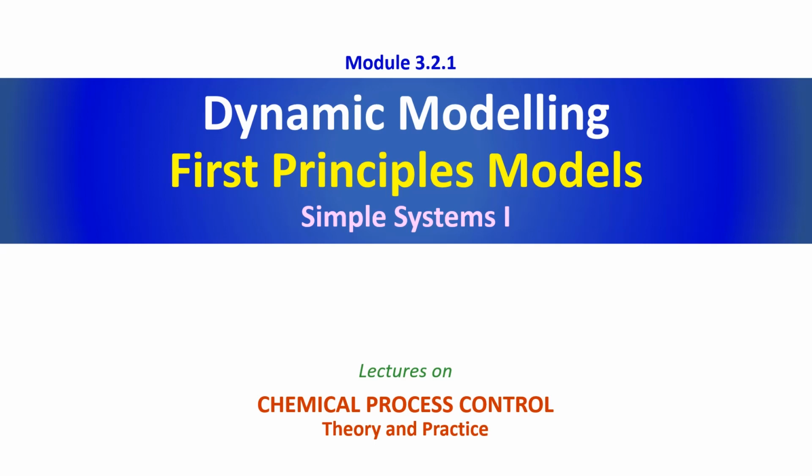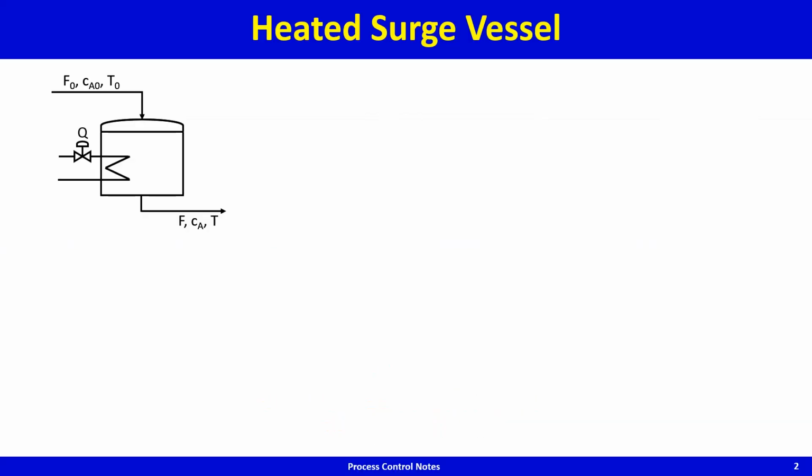Let's start doing some dynamic modeling using first principles models. Some very simple systems. So here is a heated surge vessel, and what you have is cold feed going into the tank, which is heated, and what is exiting the tank is a hot stream.